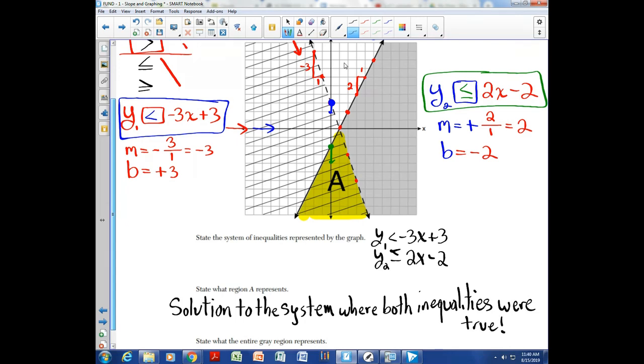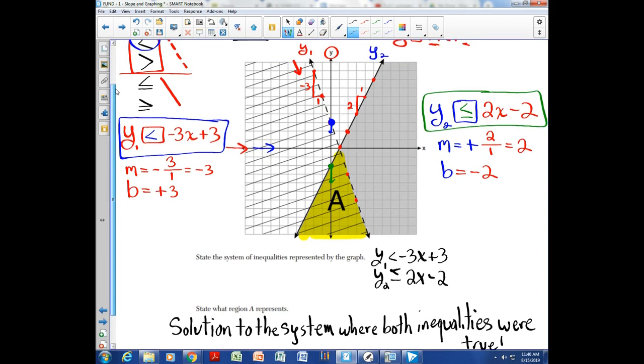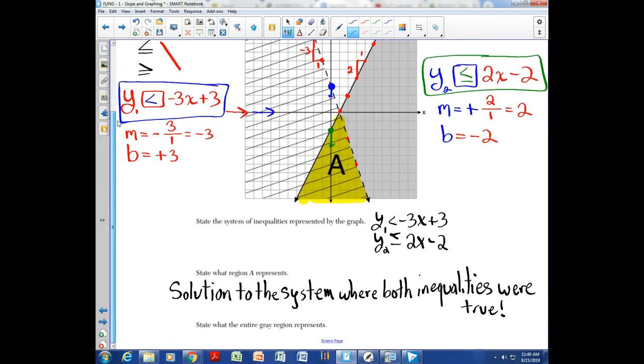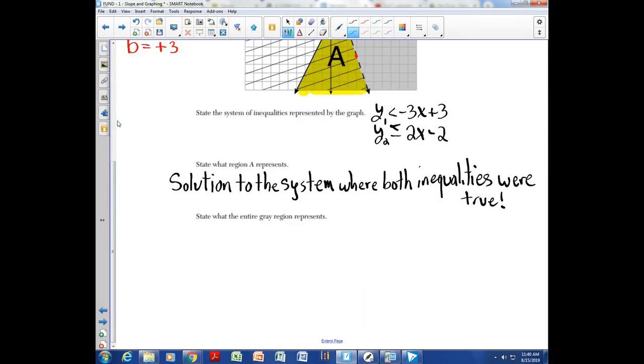And the last question is to state what the entire gray region represents. Well, as we saw, the gray region was really just our y2 solution. So we can just write that down here.